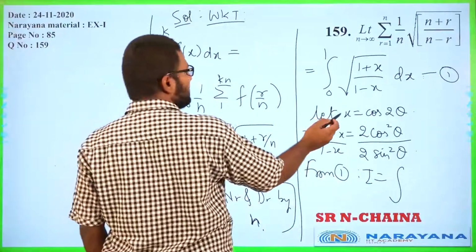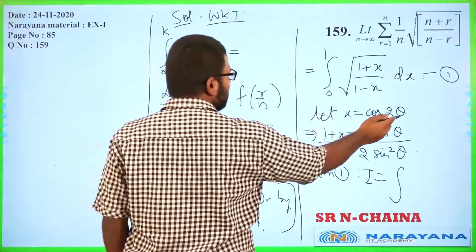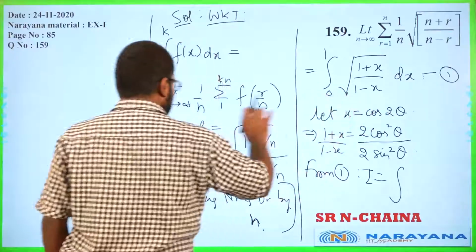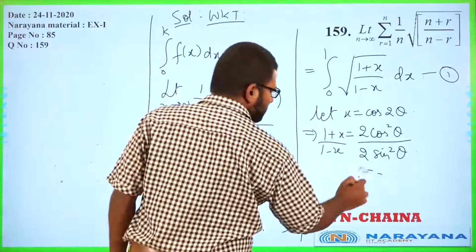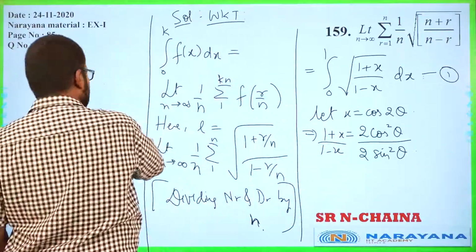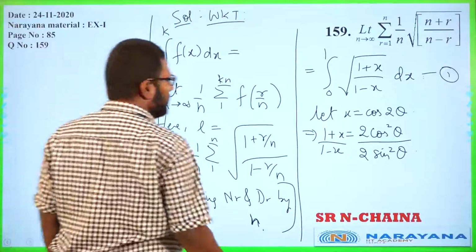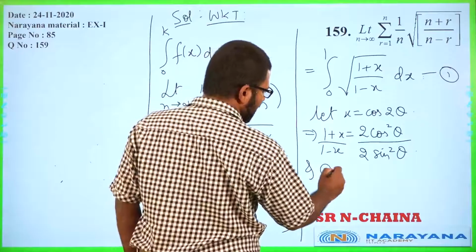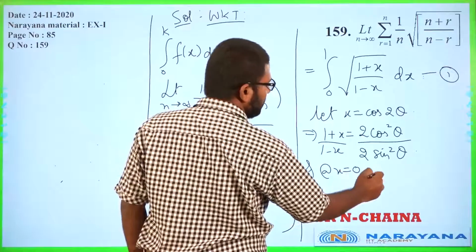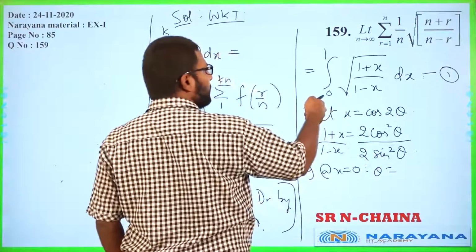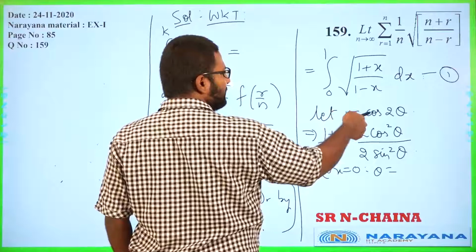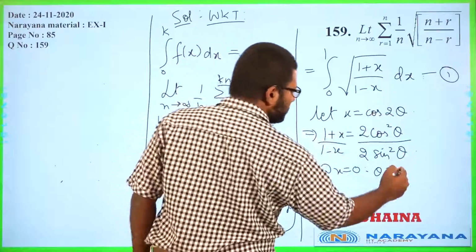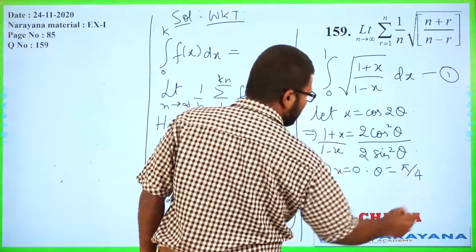Now, when x is 0, what is theta? Let us do this step by step. We have now changed the integrand. Let us change the limits also. At x equal to 0, we want cos 2 theta to be 0, so 2 theta must be pi by 2, therefore theta is pi by 4.